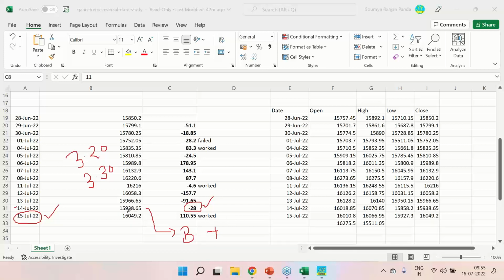So I can buy a future at whatever the value is, 15,938 or 15,950, and along with it one 16,000 put option. The put option was trading at around 245 rupees, and the future was at 15,935 or 938. I'm going to buy the future. So what happens next day?